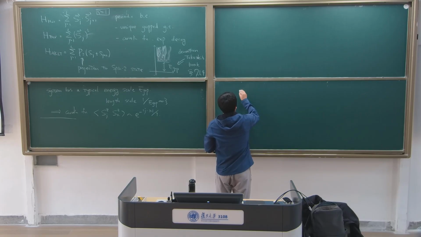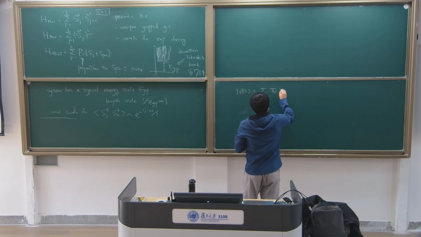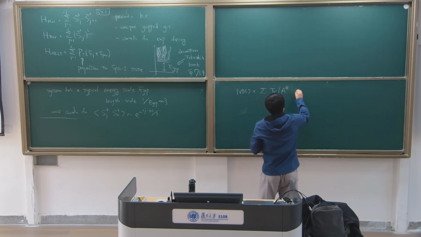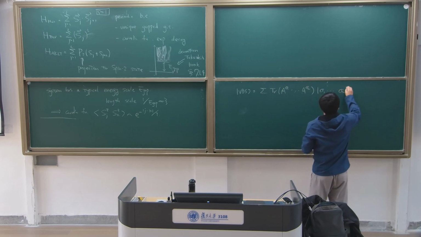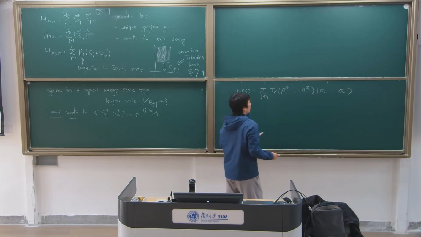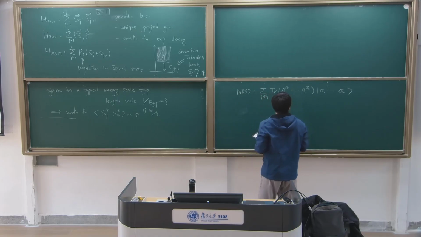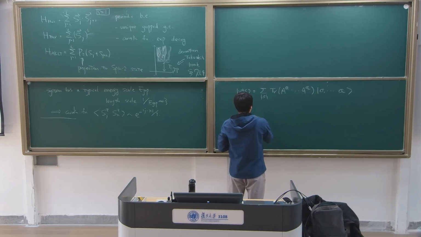So I call it, let's see, the valence bond solid state is the sum of the trace of A sigma 1, A sigma 2, up to A sigma L, this way. And here we assign, some student asked why this is.